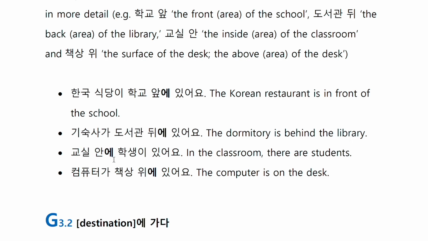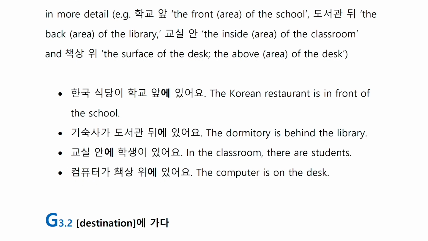교실 안에 학생이 있어요. So in this case, this location is placed in the beginning of this sentence. So inside of the classroom, 학생이 있어요. 뭐 students exist. There are students. There is a student. 그렇죠? 그래서 in the classroom, there are students. 컴퓨터가 책상 위에 있어요.